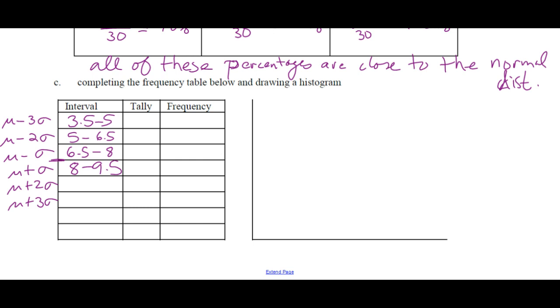Mean's about 8, and standard deviation is 1.5, so we'll go 6.5 to 8. That'll be mu minus sigma. Okay, 8 to 9.5, 9.5 to 11, and 11 to 12.5.